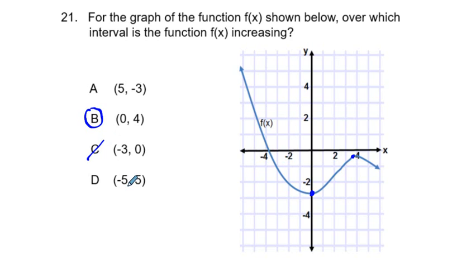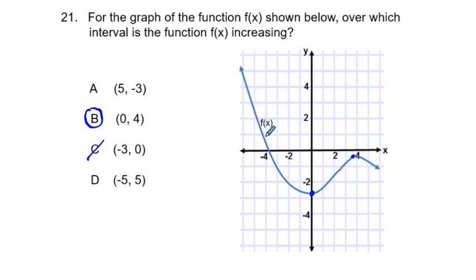Let me see what this other person did for 21, just looking at a couple of these tests. This other person chose answer choice D, -5 to 5.